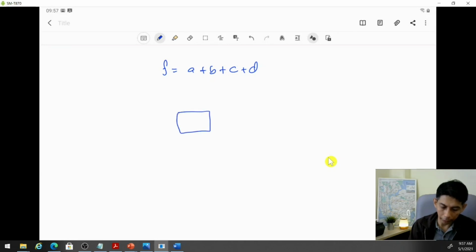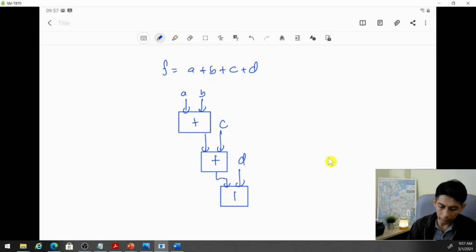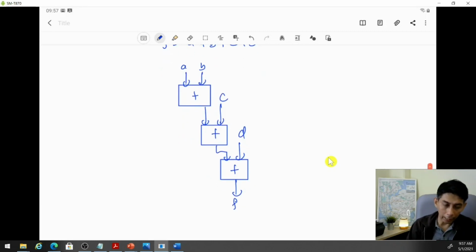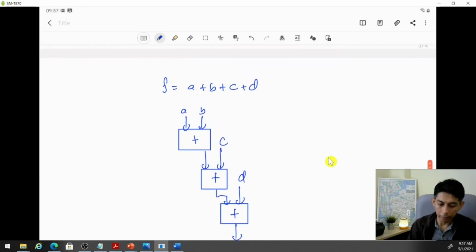Just like the previous example, you have 3 adders in this case, with A, B, C, D, and F. So this we call an adder tree.